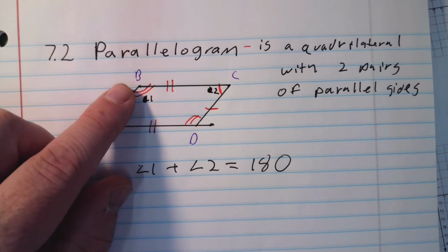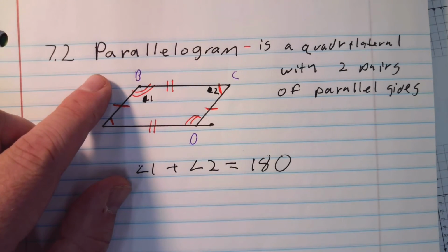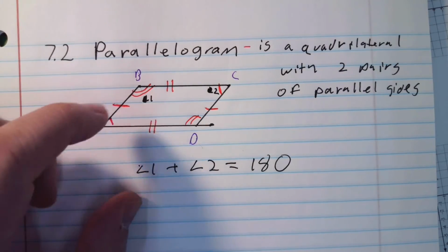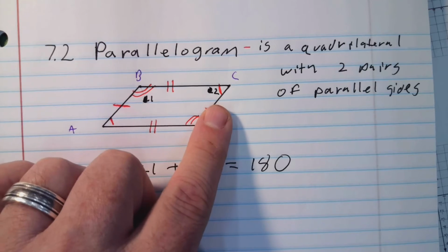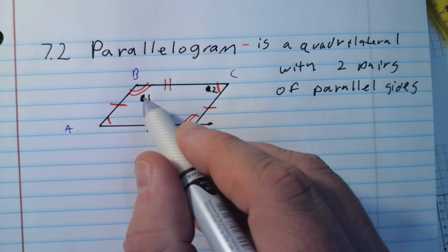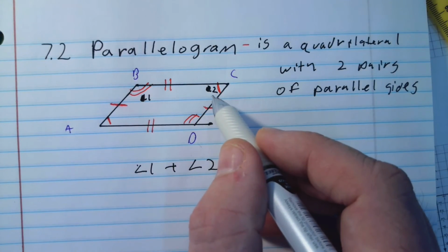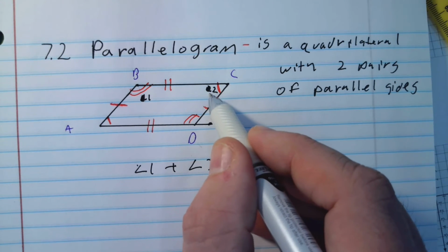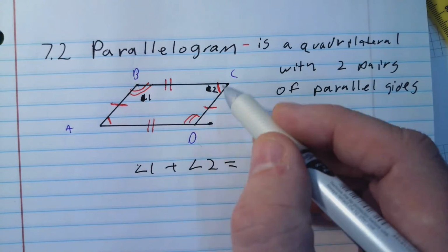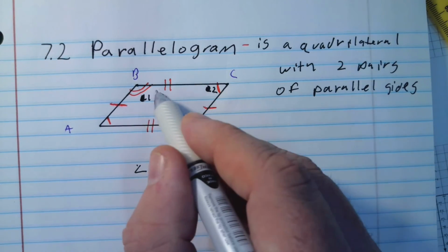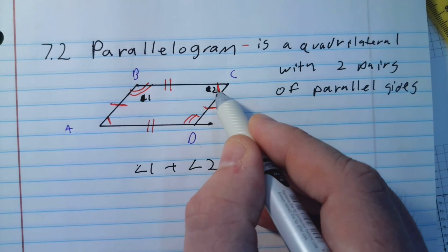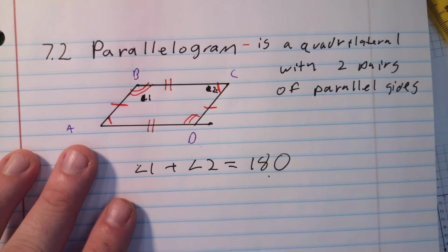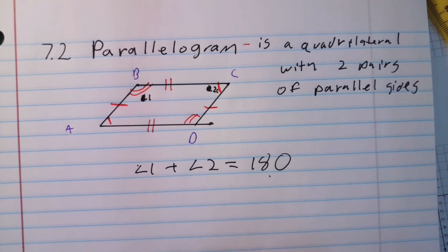So again, we have that same kind of deal with the parallel lines that we had before, where opposite is going to equal each other. And, you know, didn't we do, with parallel lines, this was called what? Alternate interior angles? Are these alternate interior angles? No. Because this is parallel, and that's a transversal. So those are consecutive interior angles, which equal 180. Okay, does that make sense? So we just expanded on that a little bit.